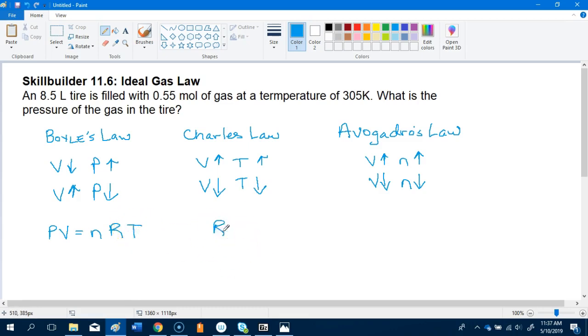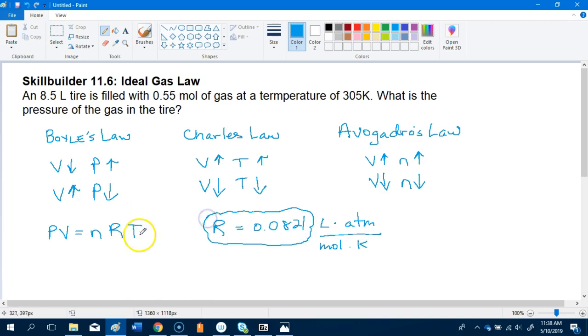This ideal gas constant is 0.0821, and as it is a constant, it never changes. Its units are liters times atmosphere per mole times Kelvin. We're going to be using this constant a lot when we're looking at the ideal gas law equation.